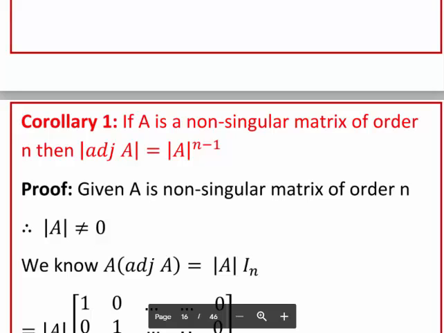But who obtained this result? Scientists and mathematicians obtained this result, and we also obtain it. But how do we get this result? For this purpose, let us go through the proof. What is given? The determinant is non-zero, because the matrix is non-singular.